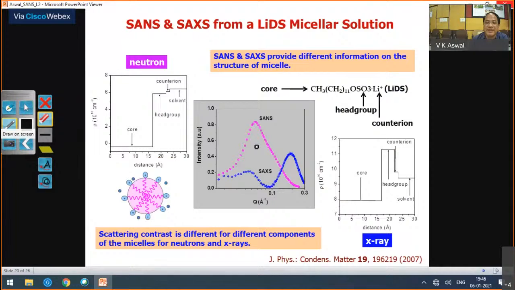So for example, in this case, you have the same system and you are seeing it by neutron and X-ray. And first of all, you see that their scattering patterns are very different. And this is because neutron and X-ray, for the same system, they are seeing it very differently. So neutrons, because your scattering is from the hydrogenated component, it sees the core of this structure.